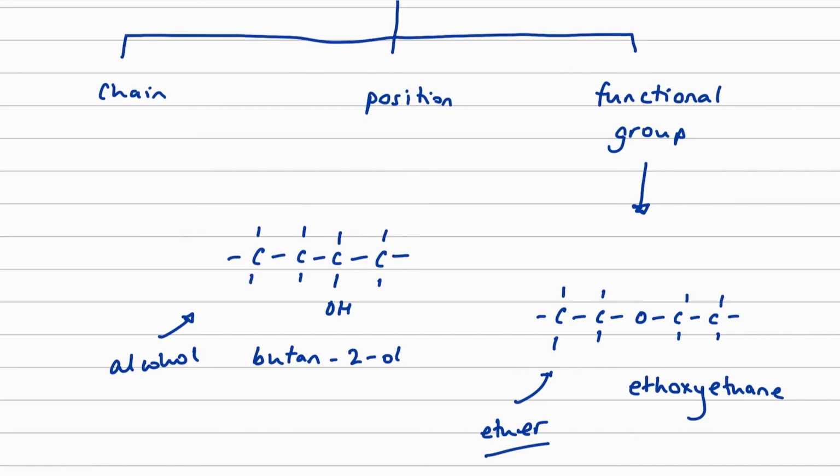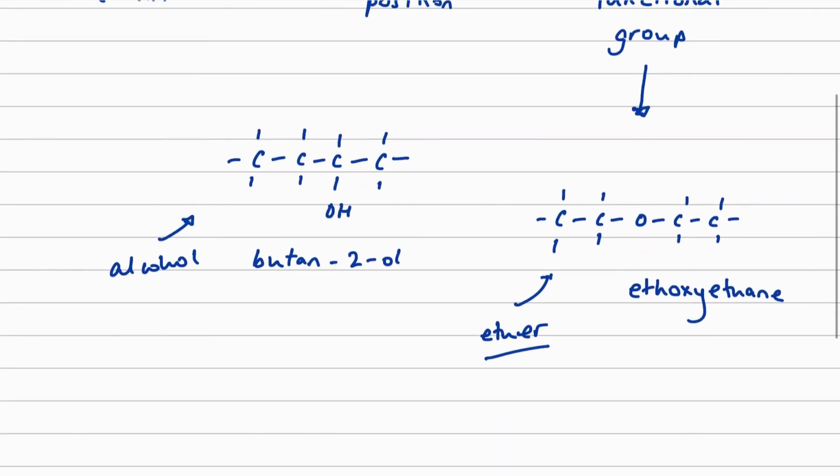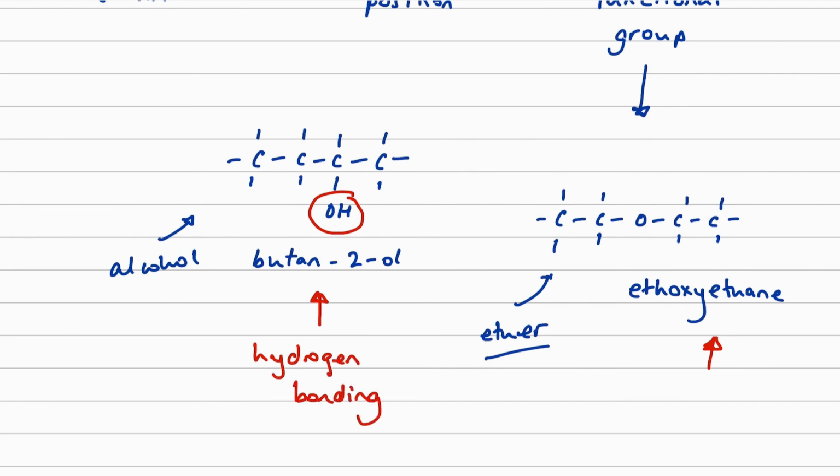Let's start off by thinking about their physical properties. You might be asked to predict their boiling points. Well, I can see straight away that butanol would have a higher boiling point than ethoxyethane. Why? Because it's got an OH group. It's capable of hydrogen bonding. Ethoxyethane, on the other hand, doesn't have an OH group.